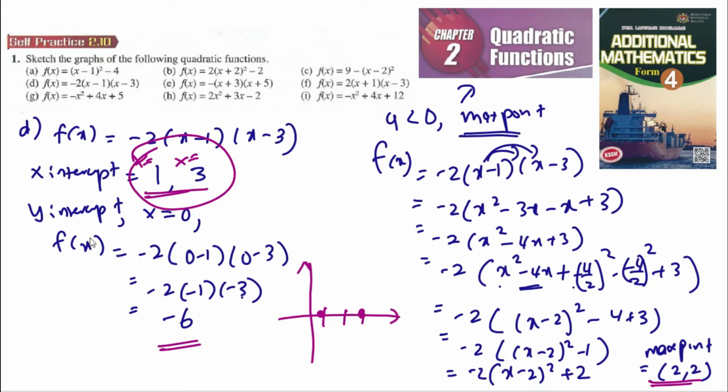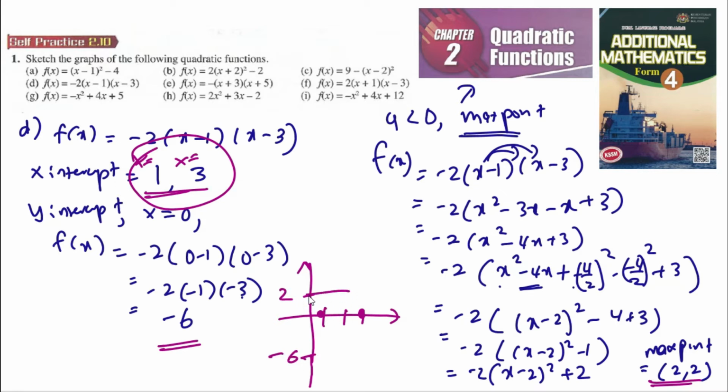And then the y-intercept is -6. So -6 maybe should be here, a bit lower. So -6 maybe here. This one is -6, and this one should be 2.